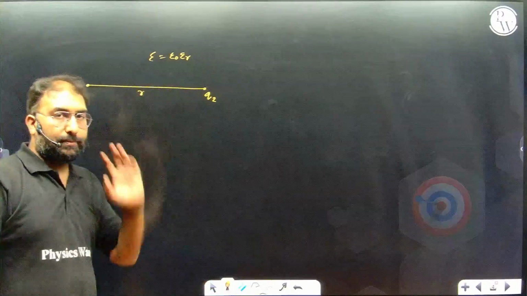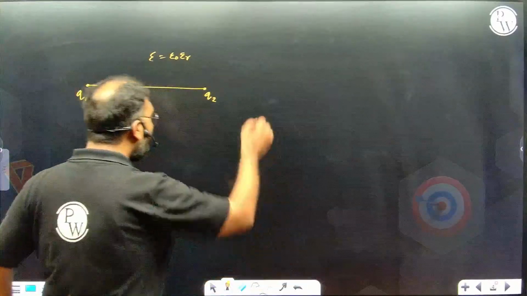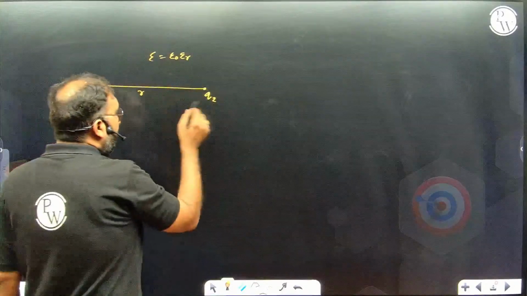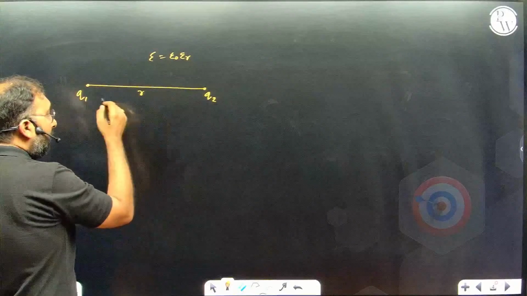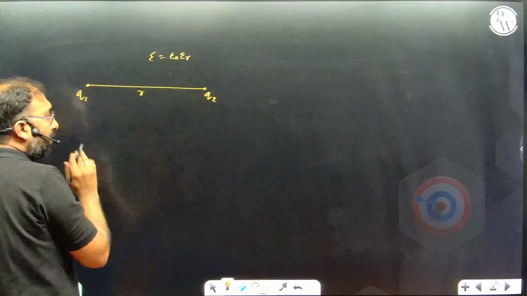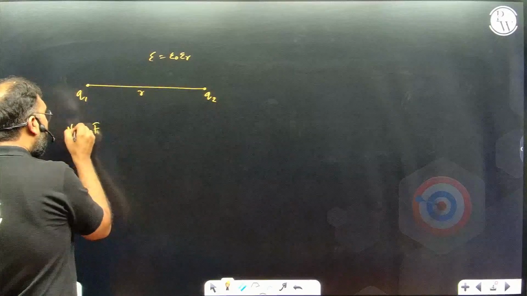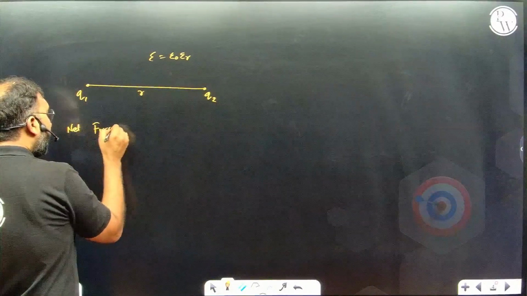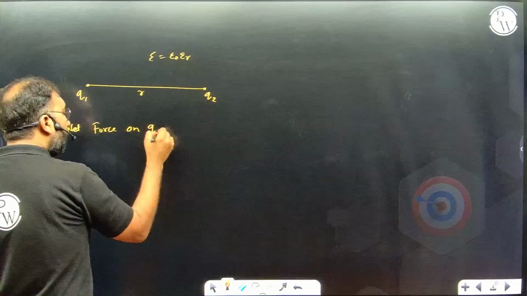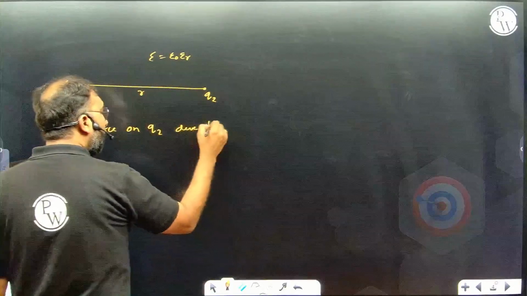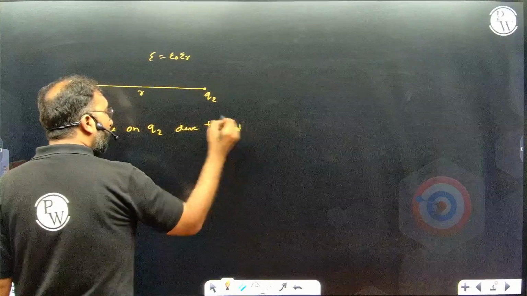That is a different story. So the force on Q2 due to Q1 will remain the same as in the earlier situation. But if I am writing the net force on Q2, now that force will be what?